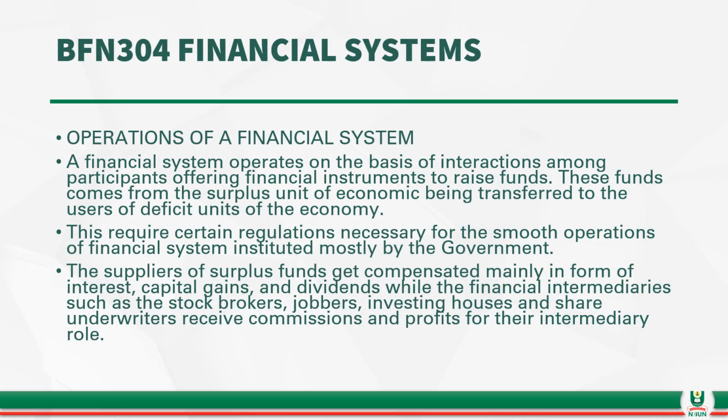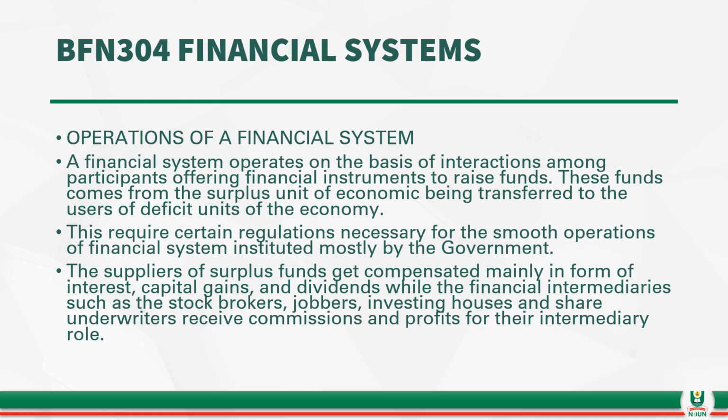Operations of a financial system. A financial system operates on the basis of interactions among participants, offering financial instruments to raise funds. So basically, the financial system is there to raise funds through the issuance of financial instruments from the various forms of markets that we have. This requires certain regulations.